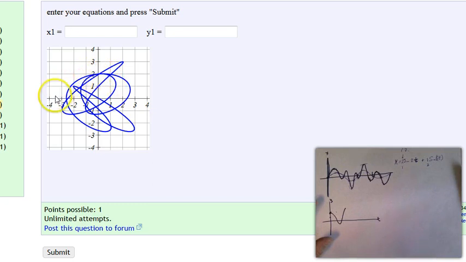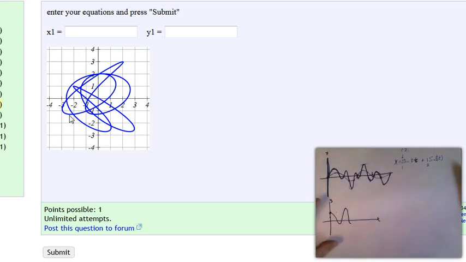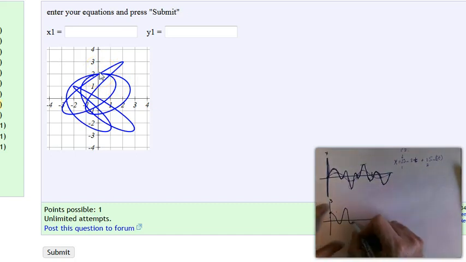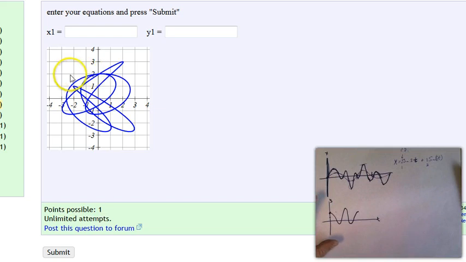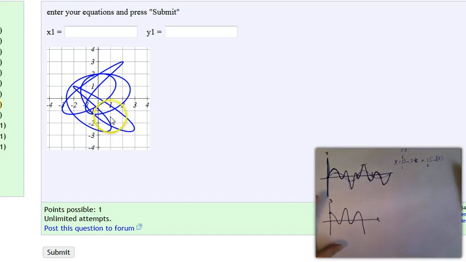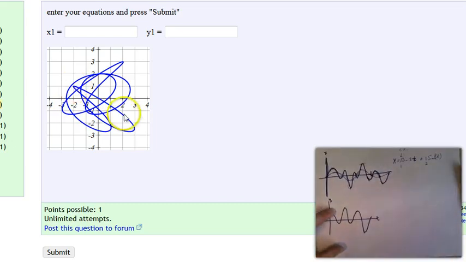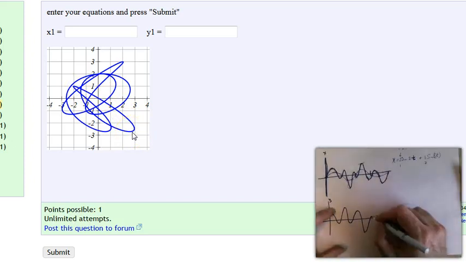And then it drops back down to the same spot there. And then it goes back up to 2. And then it comes down to almost negative 3. Back up to 1. Clear down to negative 3 again.